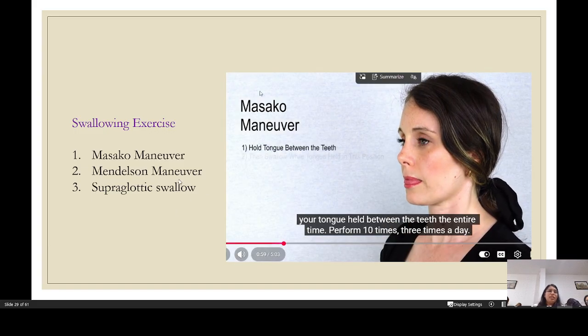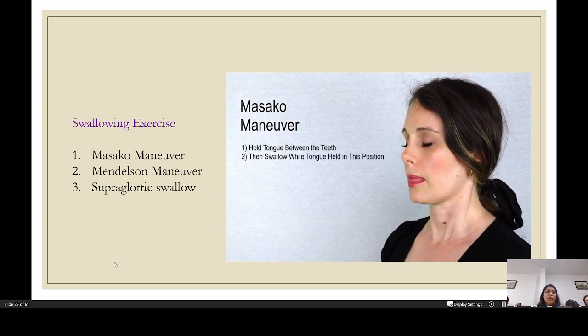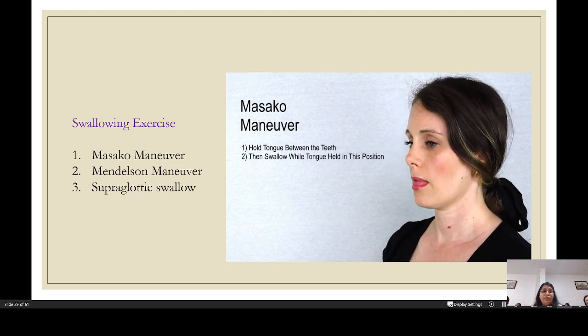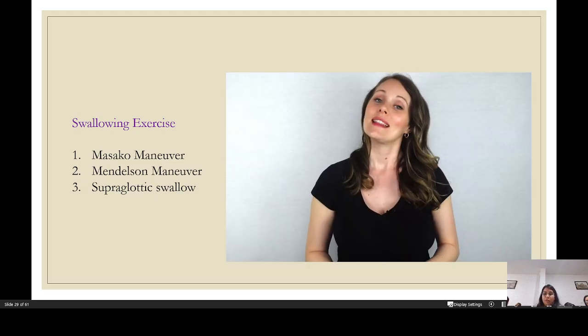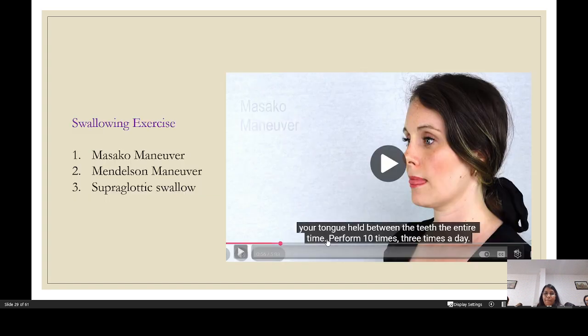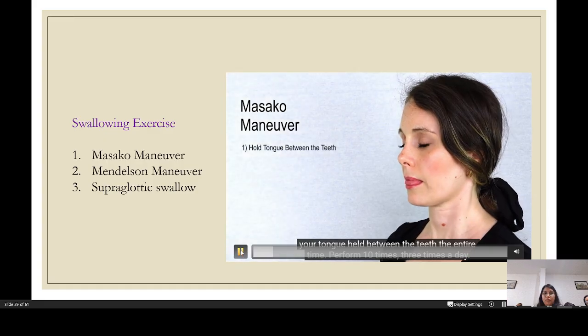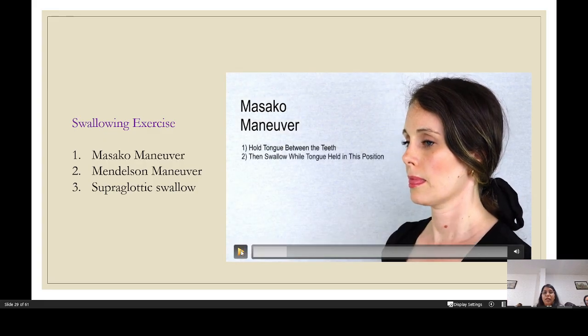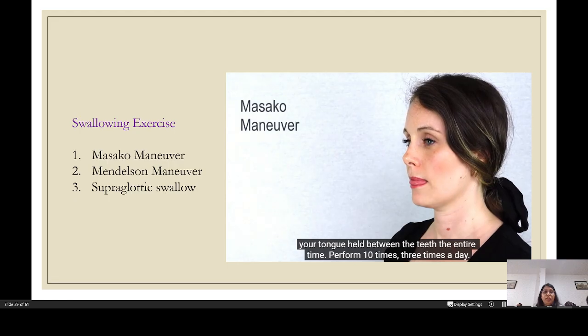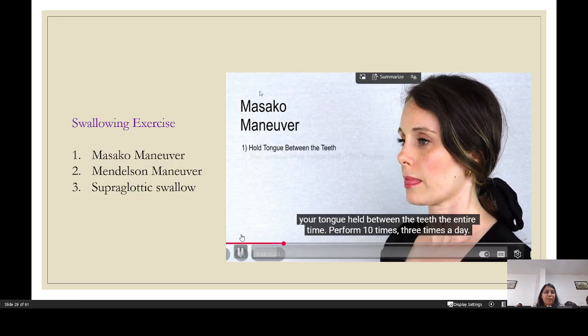These are the swallowing exercises. First is the Masako maneuver, second is the Mendelsohn maneuver, and third is the supraglottic maneuver. In the Masako maneuver, we have to hold the tongue between the teeth, then swallow while the tongue is held in this position, and repeat this 10 times a day.